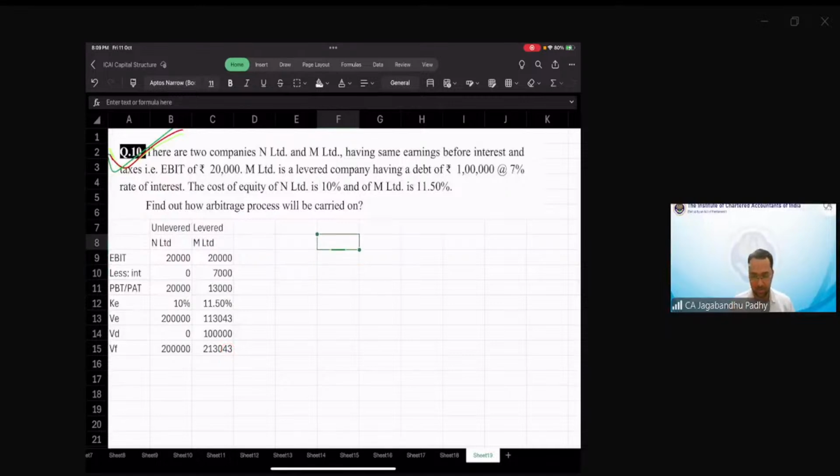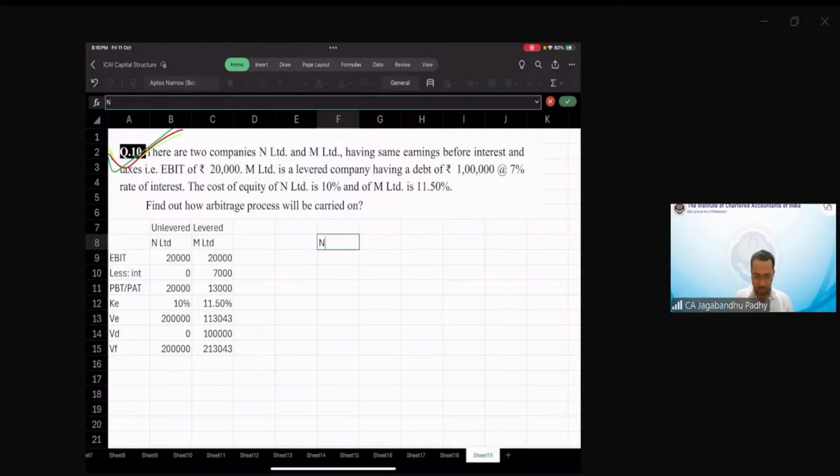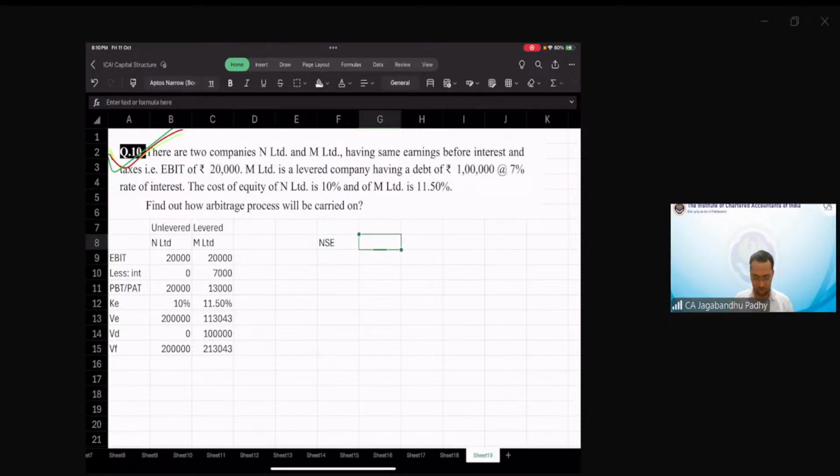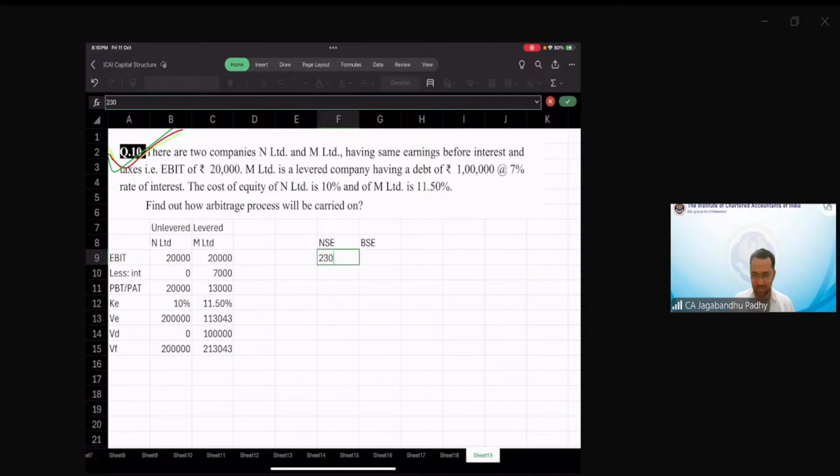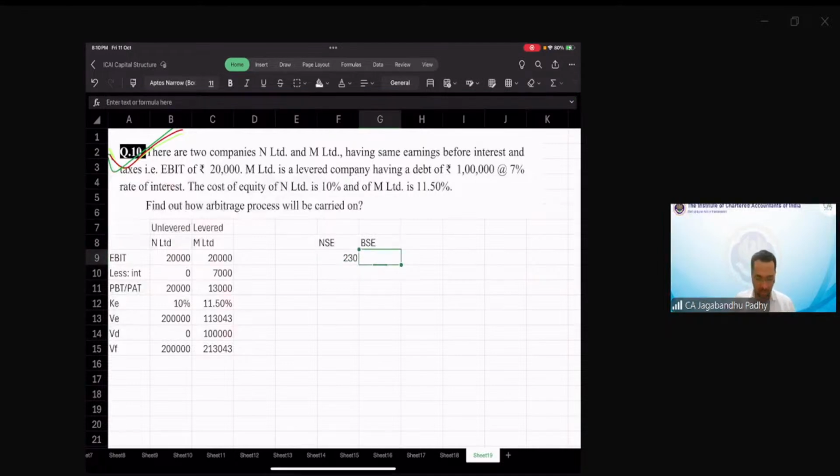Now, what is arbitrage? Have you ever heard this term called arbitrage, guys? See, for example, we have two stock exchanges, National Stock Exchange and Bombay Stock Exchange, right? One share is priced at 230 on the National Stock Exchange and it is priced at 235 on the Bombay Stock Exchange.